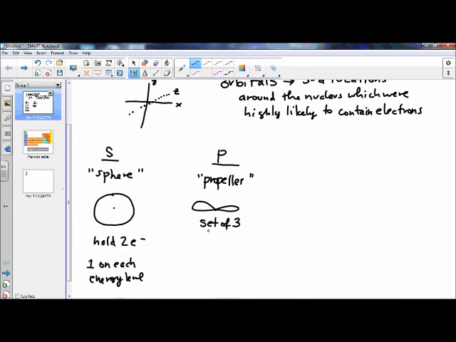So we have a total of 3 of them, two electrons each. That means that they can hold 6 electrons total. Now, there's one set of these on each energy level, but these begin on 2. In other words, there are no p orbitals on the first energy level.